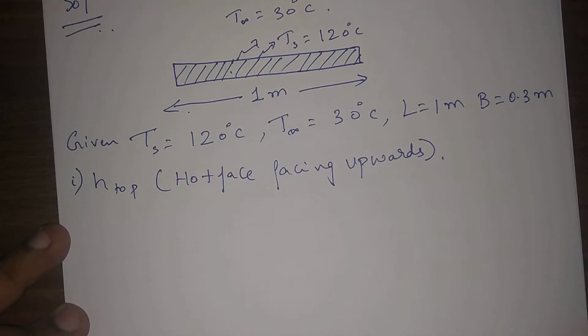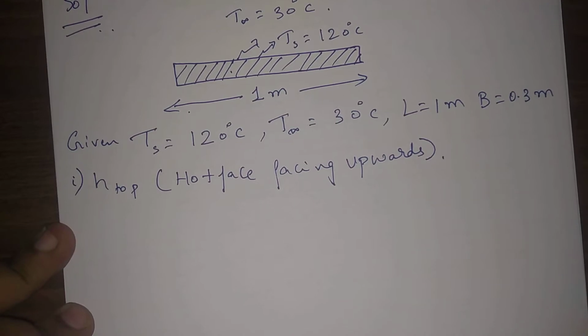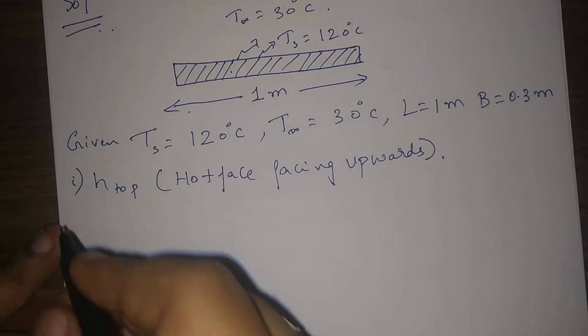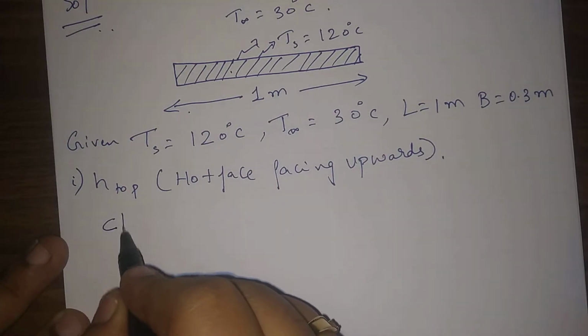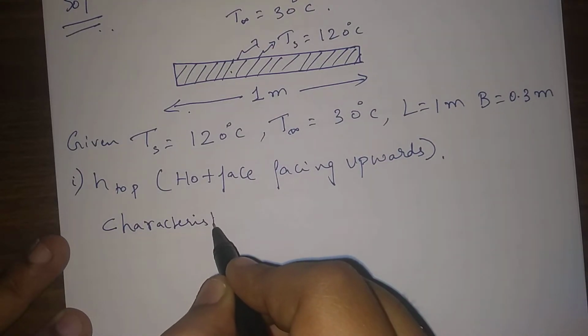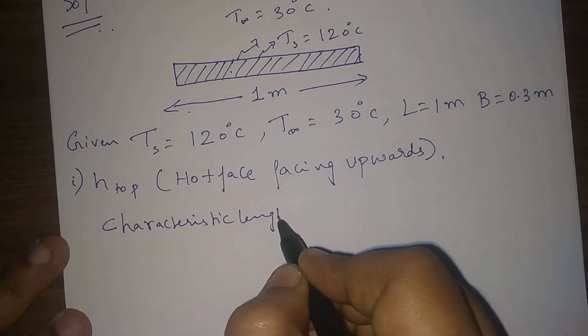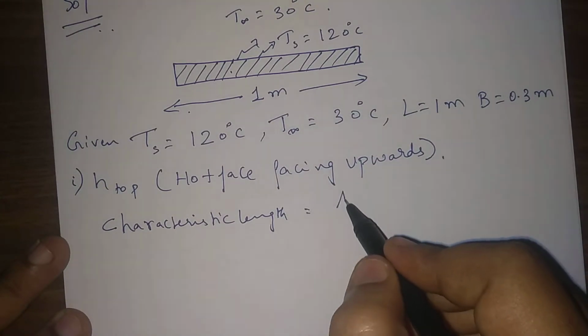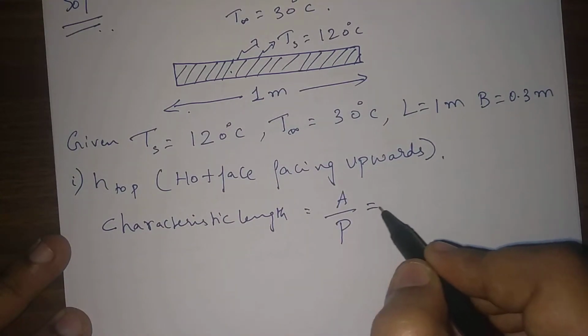Now, how do we find out? First, before finding out anything, we need to find out the characteristic length. What is the characteristic length? It is nothing but area by perimeter.